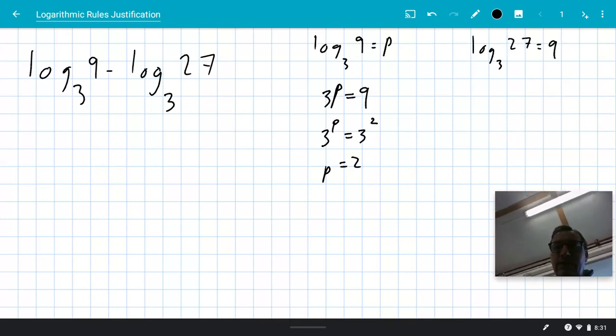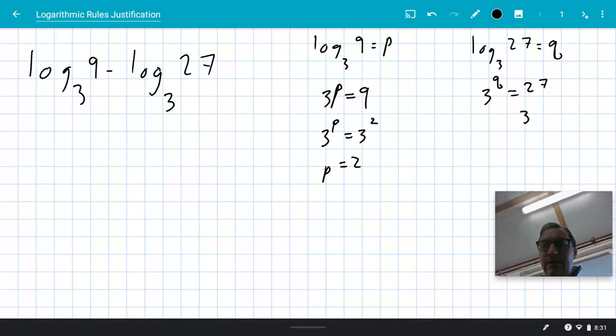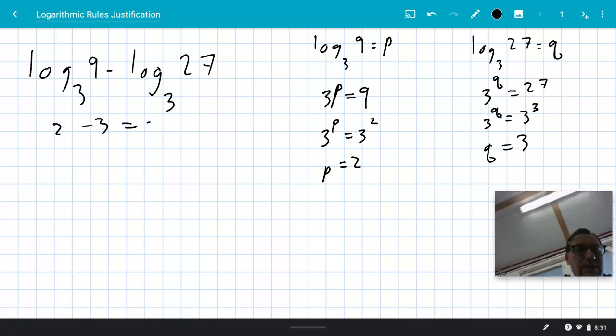We're going to call this Q, that's a Q, by the way. 3 to the Q equals 27. 27 is 3 cubed, so Q is 3. So this is just 2 minus 3, which is negative 1.